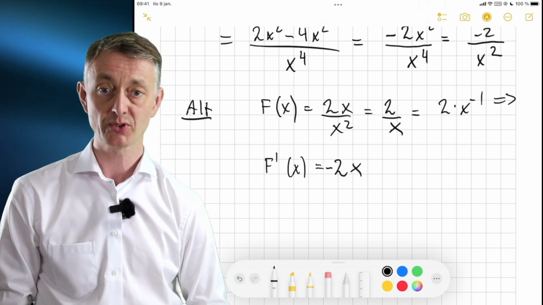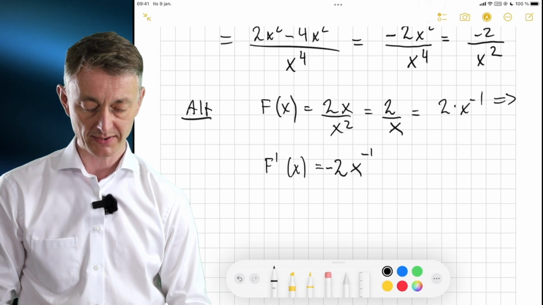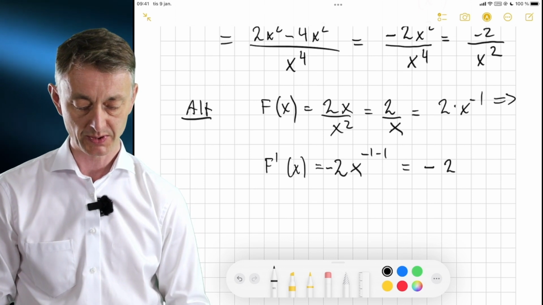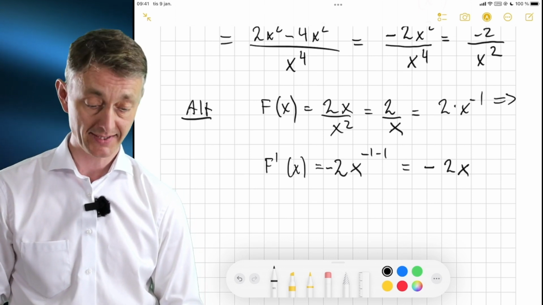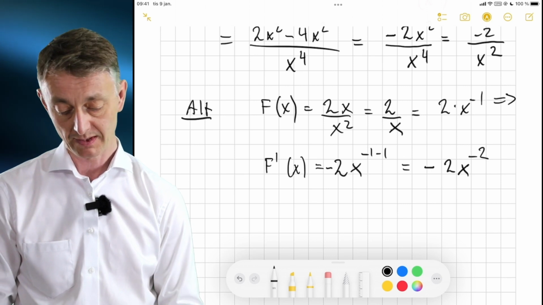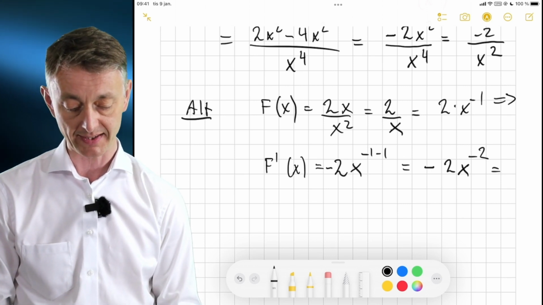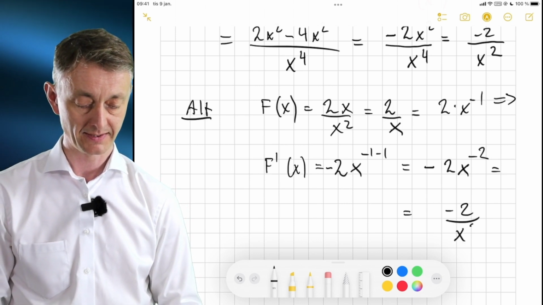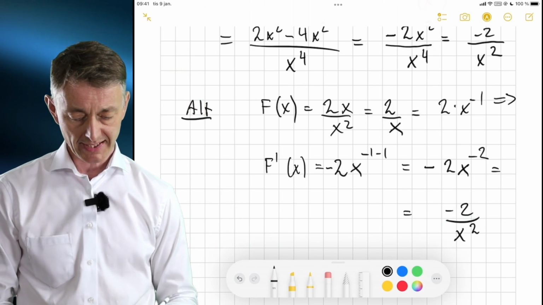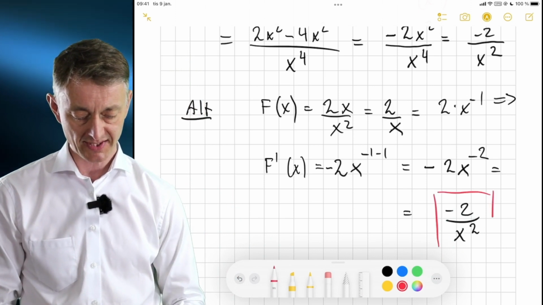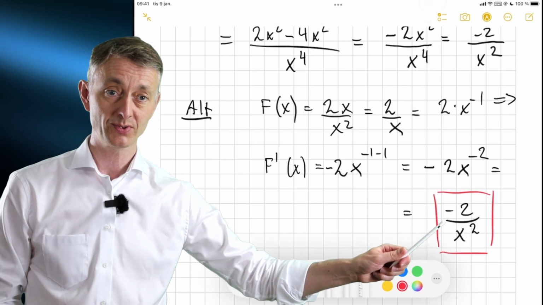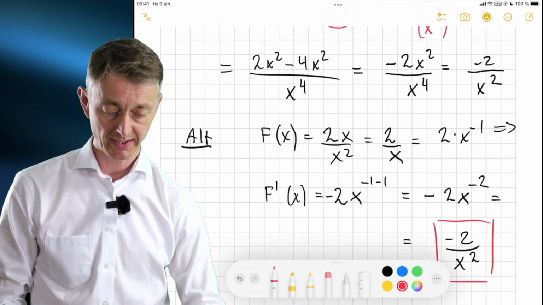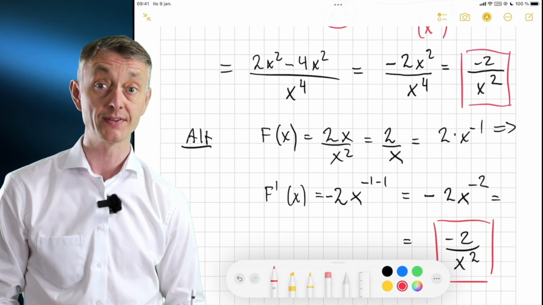And then x to the power of minus 2. That is the same thing as saying that this is equal to minus 2 divided by x squared. And we are lucky here because we can see that the answer to this is minus 2 divided by x squared. And comparing it to when we apply the quotient rule, it is exactly the same.